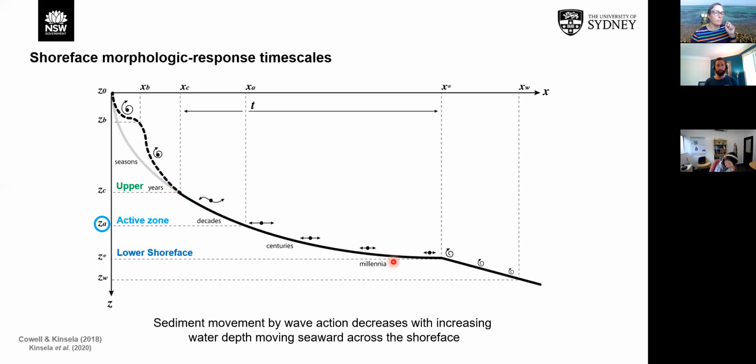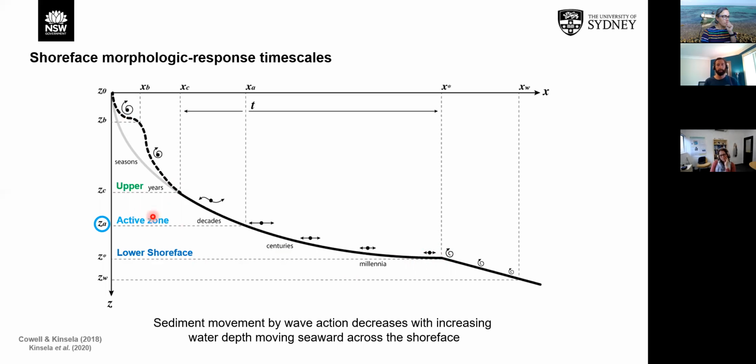Beyond that, though, there's all this other sediment movement to understand out here on the lower shore face. And I just want to introduce the concept of the active zone, because I'll show you some animations of this shortly. But the lower shore face is the ultimate limit. So over geological time, our shore face profile might evolve into something like this, some sort of equilibrium concave form.